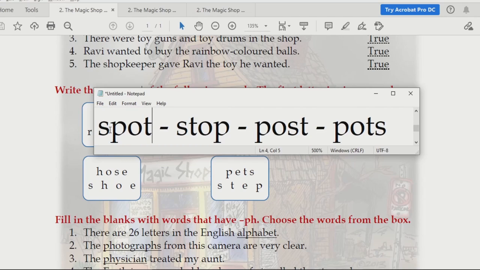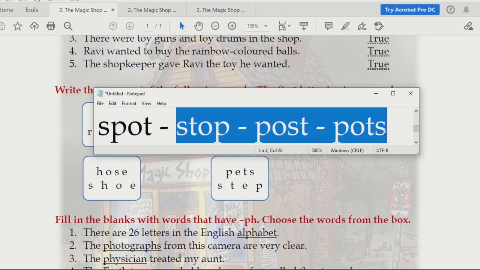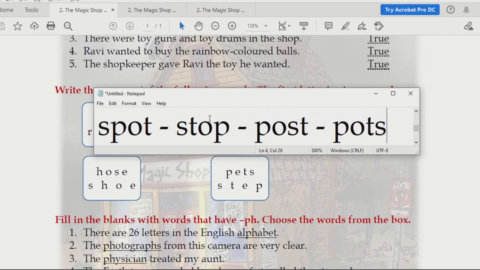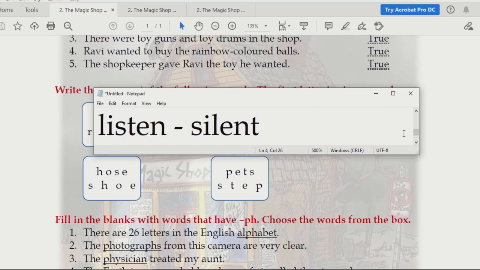SPOT, you can see over here there are 1, 2, 3, 4 words. That means we have 3 anagrams. We can also have more. SPOT, spot, can become stop, post, pots, and there are one or two words more also.